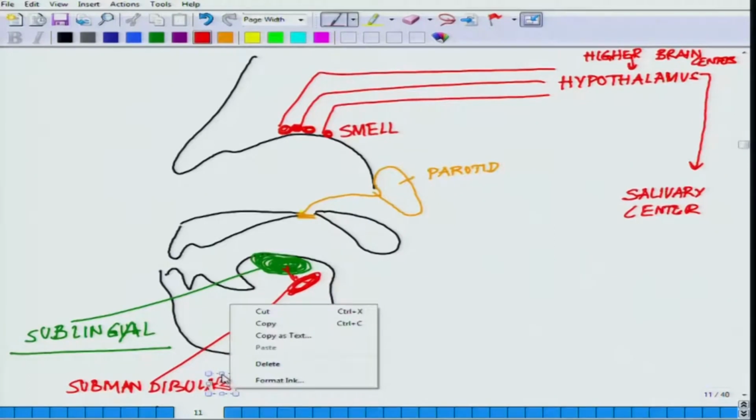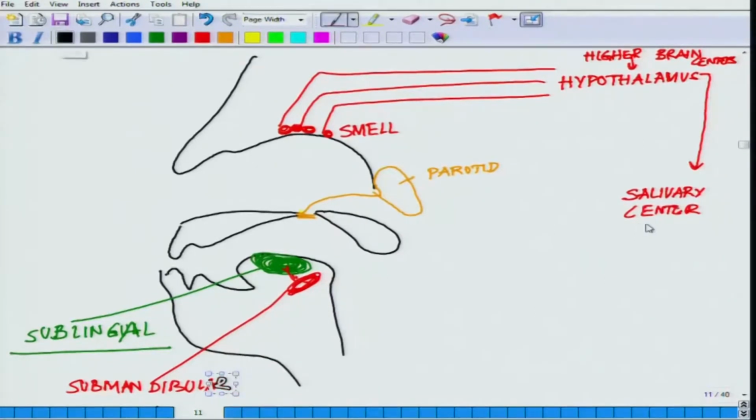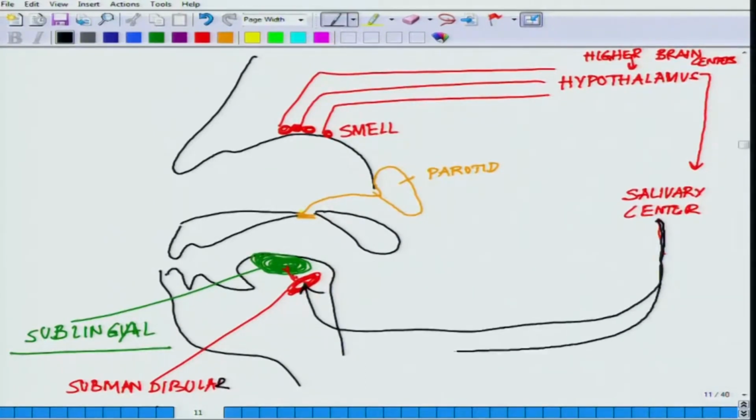Okay. So, these all are connected from the salivary centers. These all are connected by the sympathetic and parasympathetic. Okay. And further this also connects to the parotid. So, these are the sympathetic and parasympathetic control.